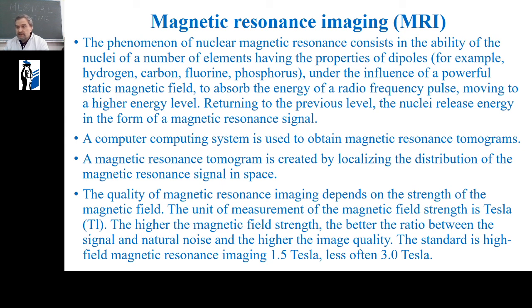The standard is high-field magnetic resonance imaging, 1.5 Tesla, less often 3.0 Tesla. The cost of equipment increases non-linearly, abruptly, depending on the magnitude of the magnetic field strength.